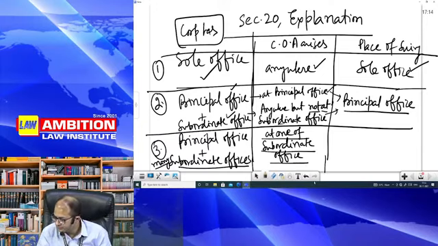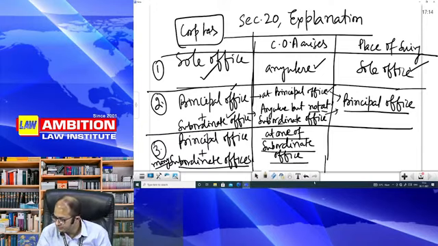A will have jurisdiction, B, C, D will not. C will have, A, B and D will not. Or A or B will have jurisdiction, C, D will not. These all are permitted.